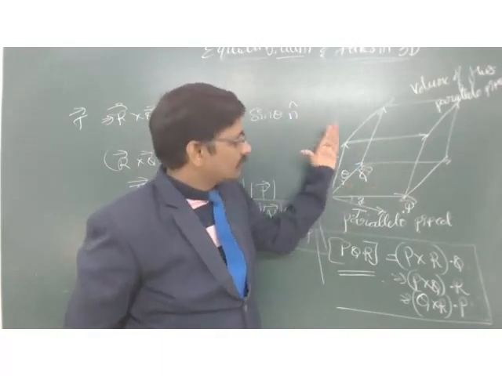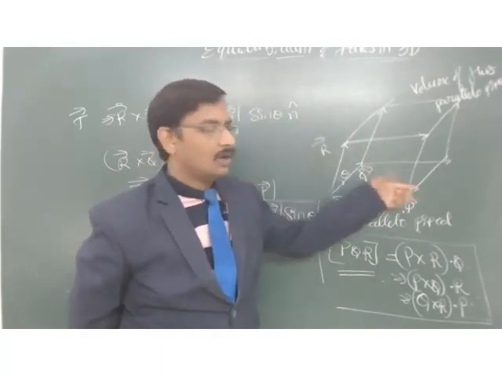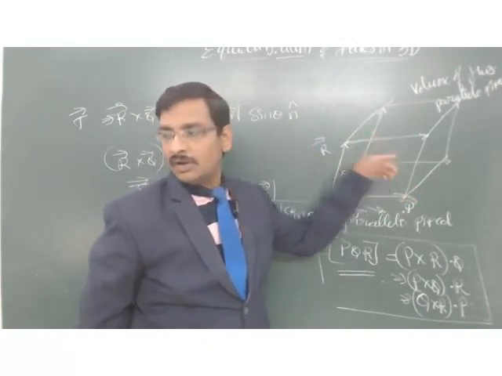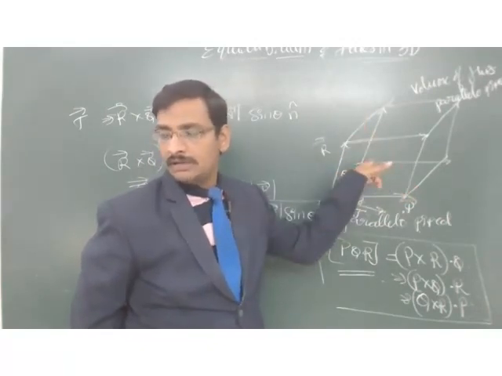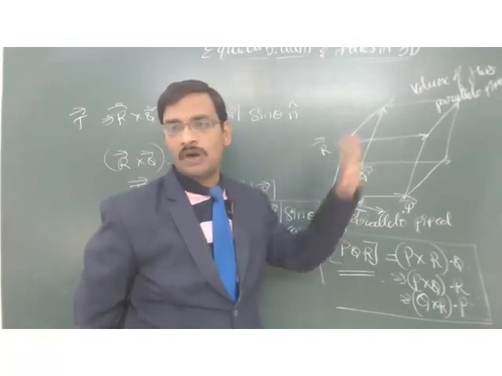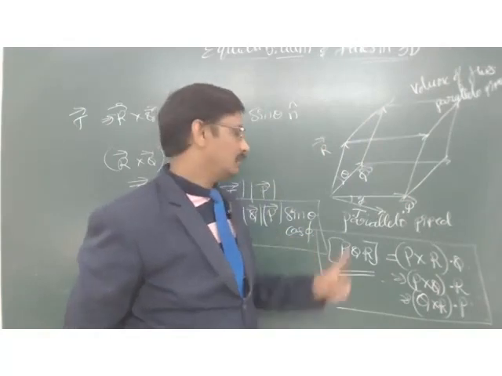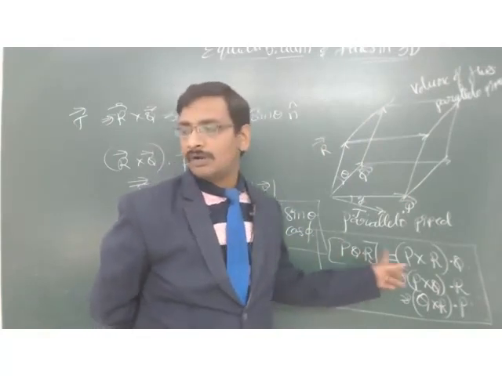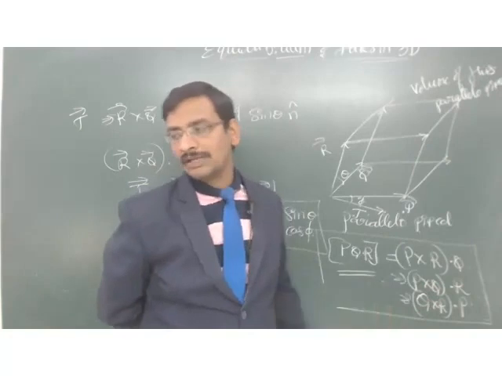So even if you consider this surface and this height, or bottom surface and the vertical height, or this surface and depth into the board, it always gives the same volume value. That's exactly the reason why the scalar triple product gives an equal result in all the cases.